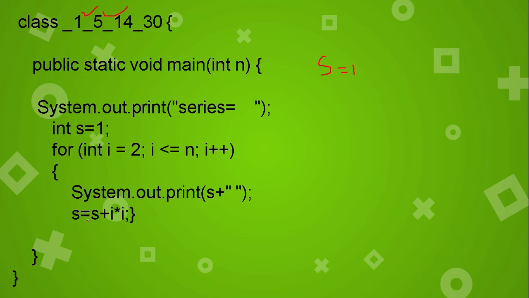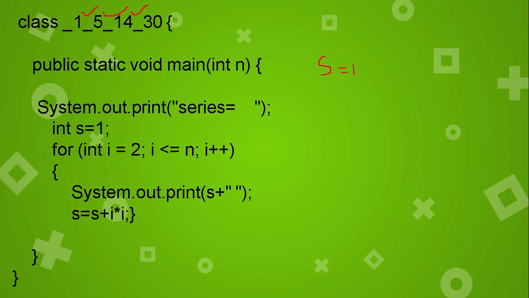Now, we are going to calculate S. S is equal to S plus, S is already 5. 5 plus I into I. I becomes 3. 3 into 3 means 9. 9 plus 5. What is it? 14. So I plus plus. Condition will be checked. Okay. System.out.print S. That means 14 will be printed.